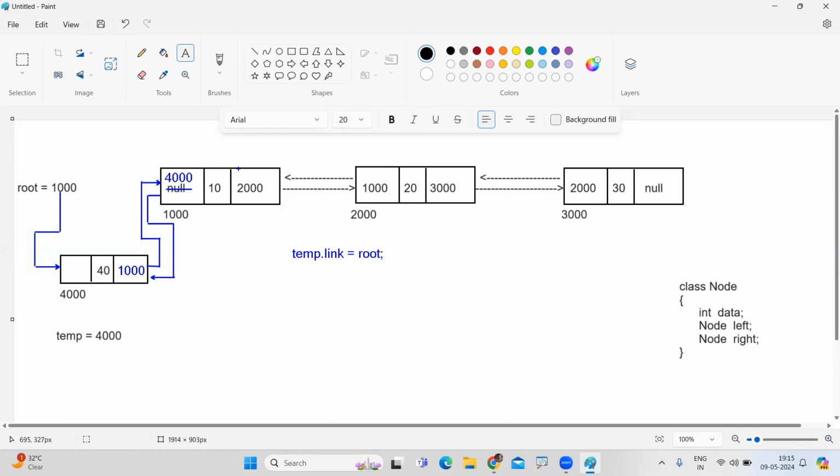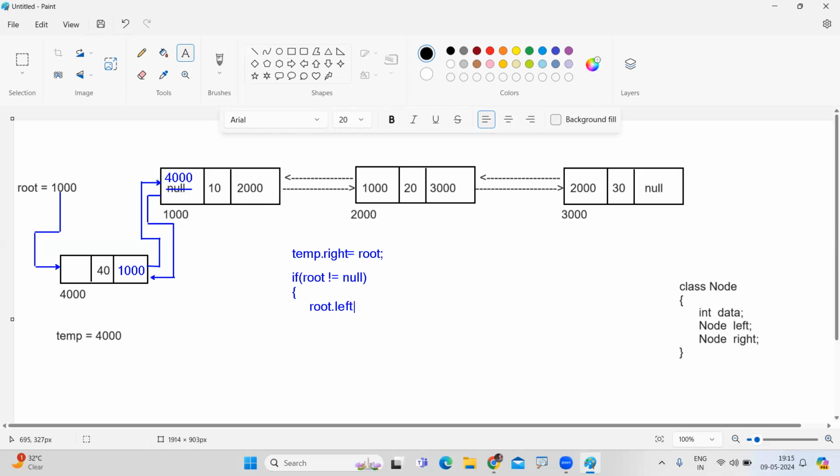So if root is not equal to null, if a node is already there, then root to left, sorry, my mistake, this is not link, it is left.